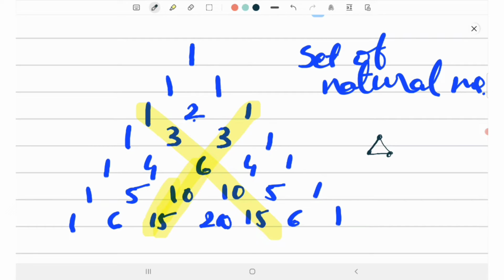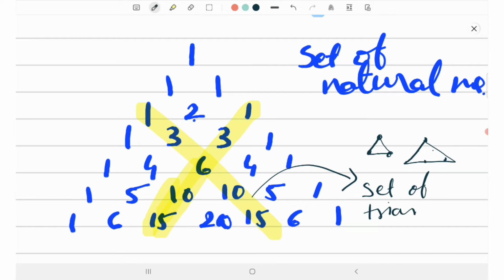If we arrange 6 dots, 1 2 3 4 5 and 6, then it can create an equilateral triangle. Similarly, we can arrange number 10 also like that. So this is known as the set of triangular numbers. So far we have discussed the set of natural numbers and the set of triangular numbers.